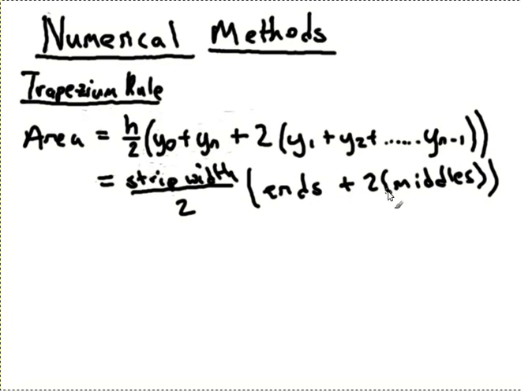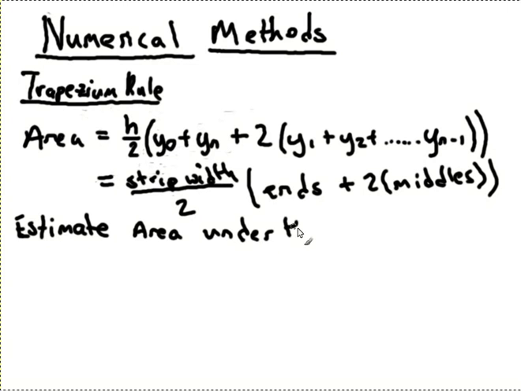So let's actually use this formula. Let's say we want to estimate the area under the curve y equals x squared plus 1, between x equals 0 and x equals 6.